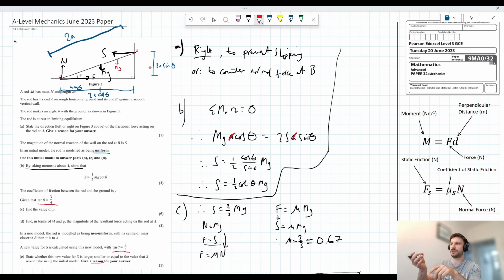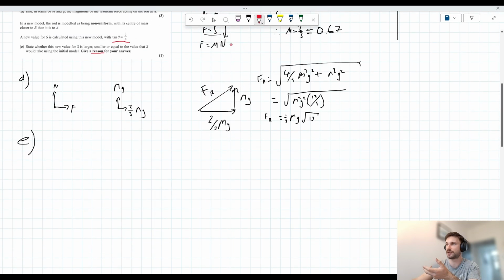So our perpendicular distance for our clockwise moment has increased. Our anti-clockwise moment must then also increase. Since the perpendicular distance hasn't changed, the force acting there must increase. Okay, so we can describe that like so, and I've written this down in my notes already.